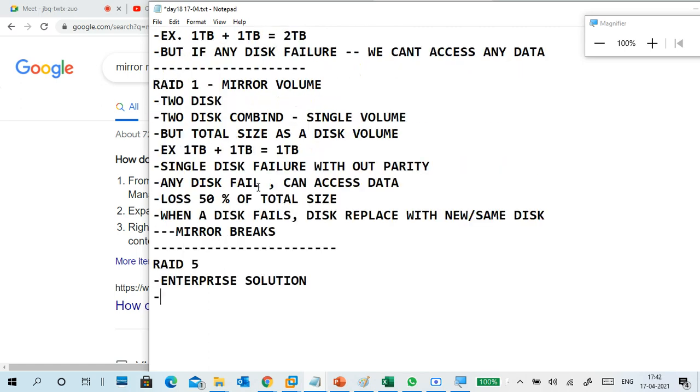How many disks do we use? We have to use 3 disks. Use 3 disks in this one.